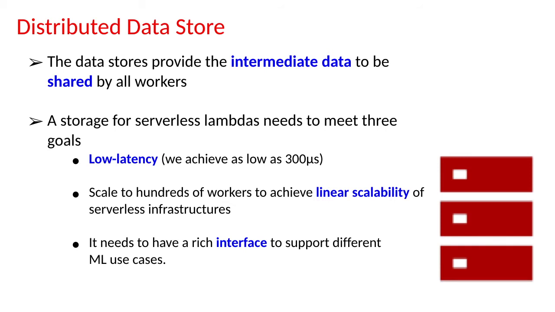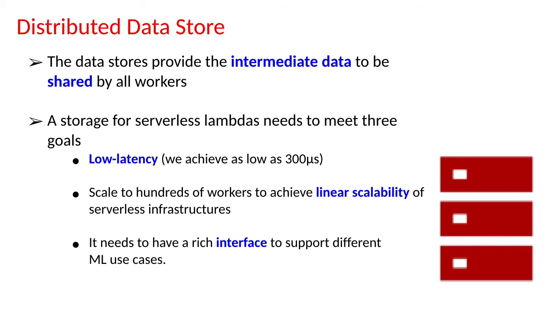Secondly, it should be able to scale to hundreds of workers to achieve linear scalability for serverless infrastructures. Thirdly, it needs to have a rich interface to support different ML use cases. For instance, it is important that the data store supports multi-get, general key-value pairs, put and get operations, and a parameter server interface, that is an interface which has parameters from the server.